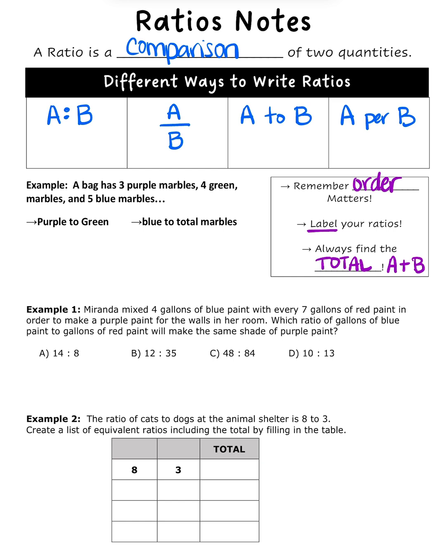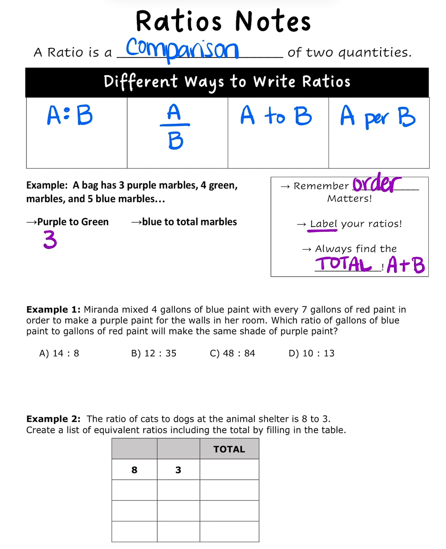All right, so let's look at this example of different ways to write ratios. We have a bag of 3 purple marbles, 4 green marbles, and 5 blue marbles. They want the ratio of purple to green. So I am going to say, well, purple was 3, and it goes first because order matters.